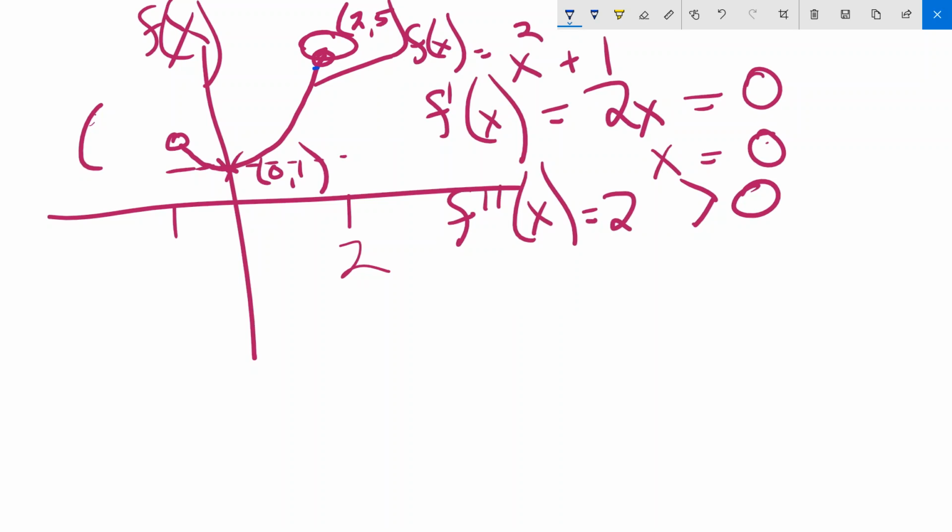But there's a further point I can go. I can go closer to that point. That might be the absolute maximum. Now I can go even closer to it. There is no absolute maximum.